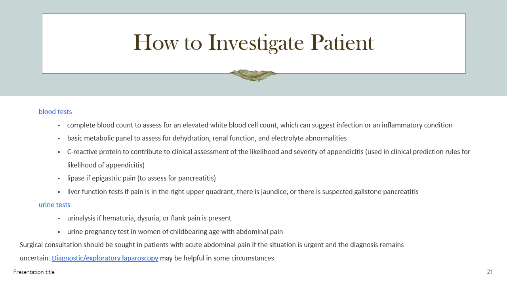It will guide us about the severity of the condition. Liver function test if the patient has jaundice, and urine analysis if the patient has some urinary symptoms; you might get some hematuria or some pus in urine. Order a urine pregnancy test in all reproductive age females.